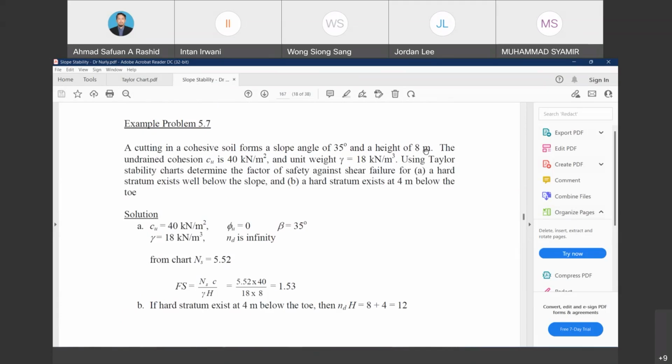It doesn't have any phi value, so phi is equal to 0. Using the Taylor stability number chart, determine the factor of safety against shear failure for (a) no hard stratum below the slope, and (b) a hard stratum existing at 4 meters below the toe.